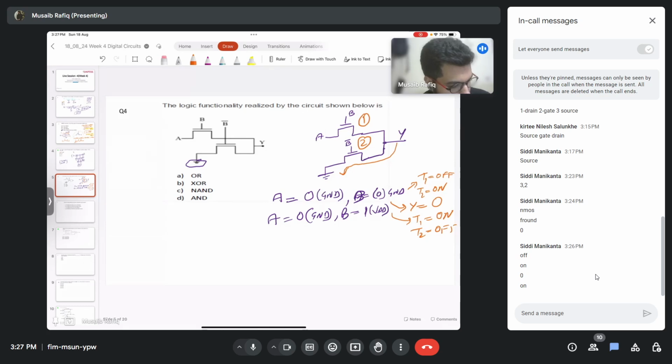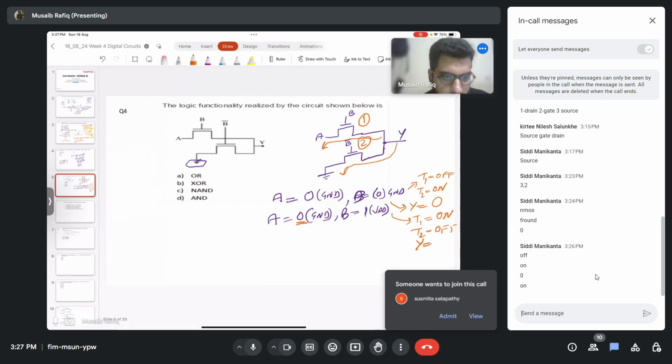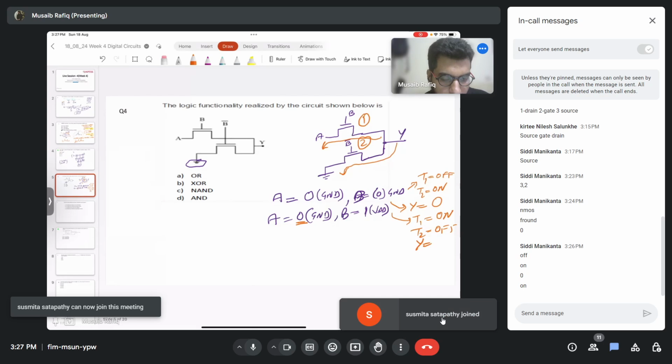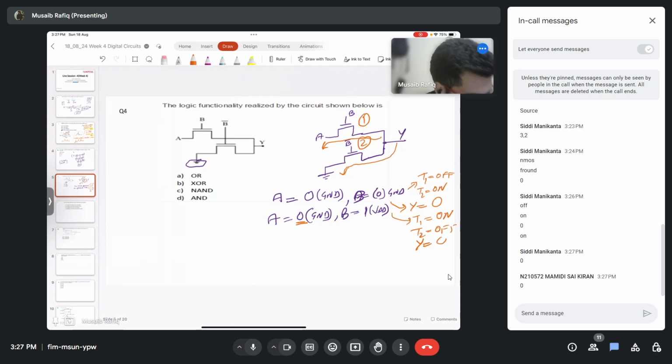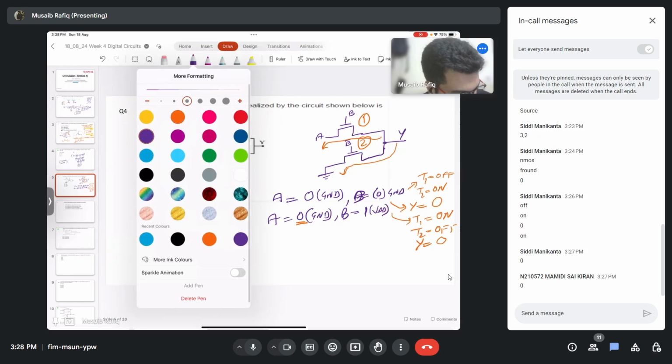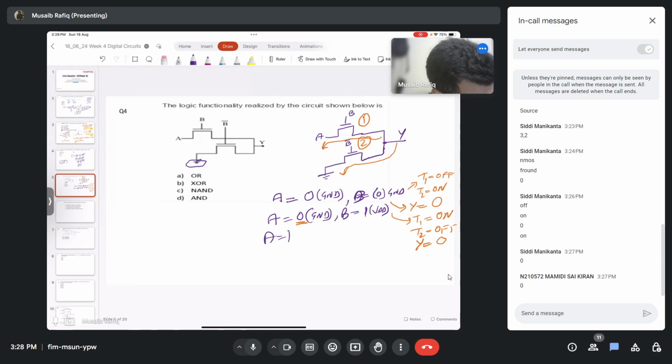And now I have a path connecting Y to A, but A is ground. My transistor 1 is on, transistor 2 is off, and A is at 0. So my Y will be 0, correct.